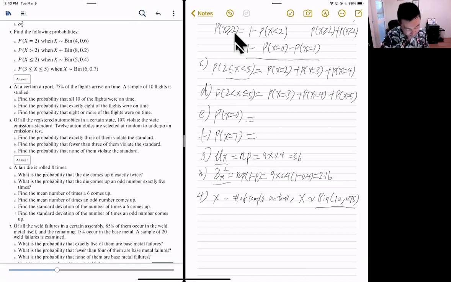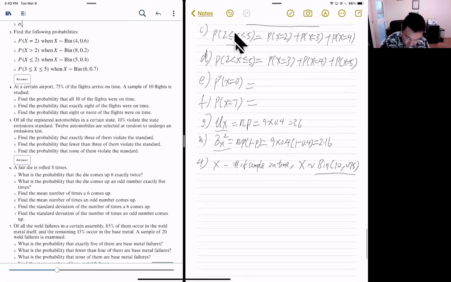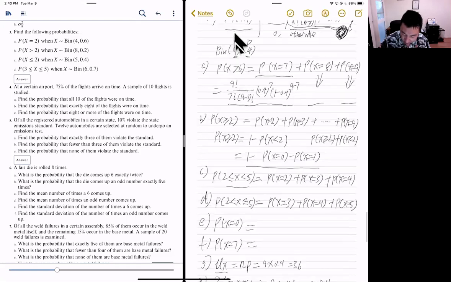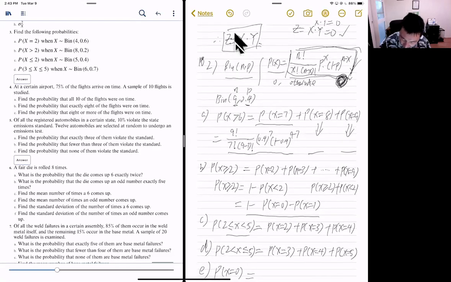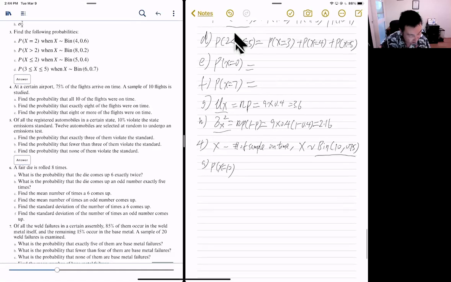So A, all 10 flights are on time. So P(x) equal to 10. We use the same mass function here: n choose x, p to the x, 1 minus p to the n minus x.